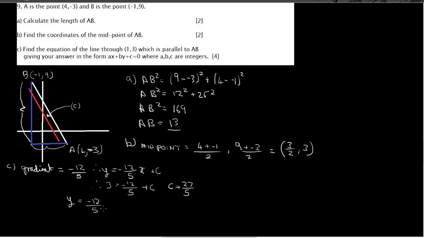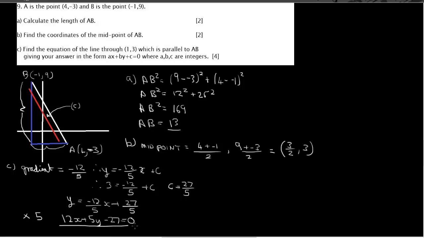We've got y equals minus 12 over 5 x plus 27 over 5. The easiest way to handle that is to multiply everything by 5. So we've got 5y equals minus 12x plus 27.